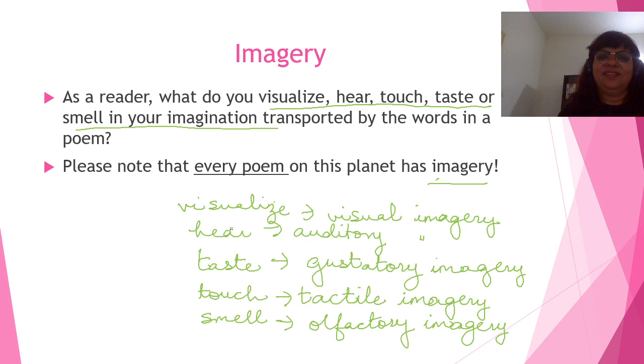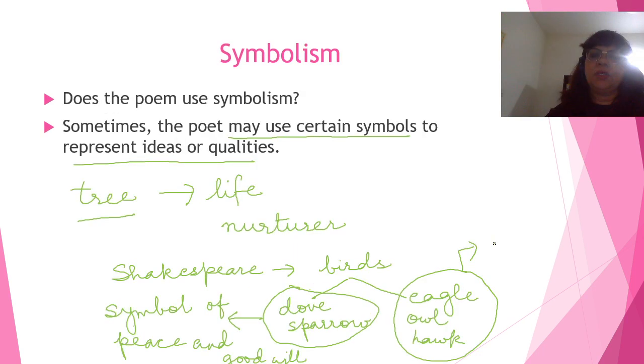And if we're talking in terms of eagle, owl, and hawk, perhaps it's a symbol of the dark forces. Or it could be predatory. And out of these, the eagle and the hawk are also known to be majestic. Not the owl so much, but the eagle and the hawk.